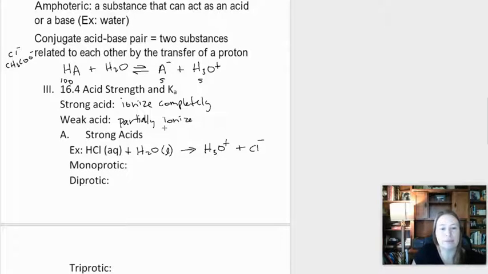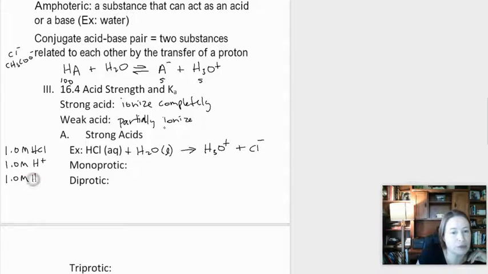So if you have a 1 molar HCl solution, then 1 mole per liter of H plus is going to come off of it. And that H plus is the same as 1 molar H3O plus.